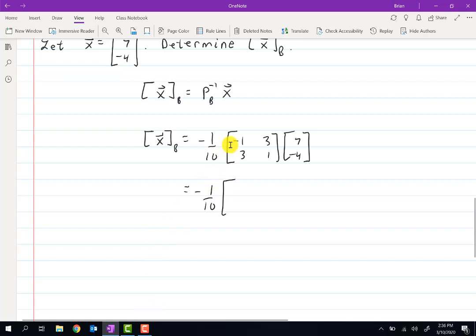So I have -1 times 7, that's -7, plus 3 times -4, so I get -19. And then for the second entry, I'll get 3 times 7, which is 21, minus 4, which will be 17. Let me go ahead and multiply this in and go to decimals for the purposes of this example.